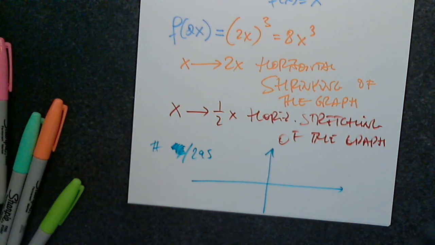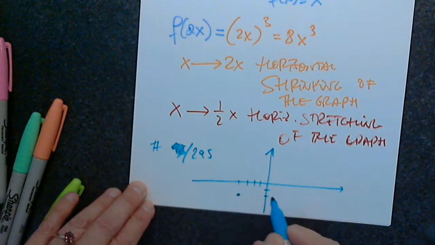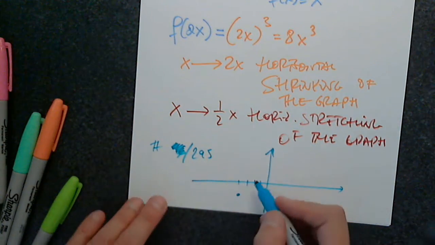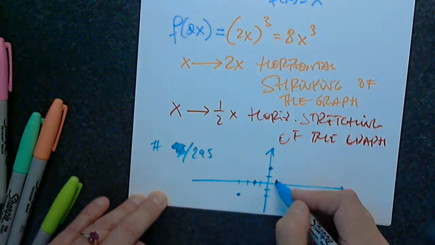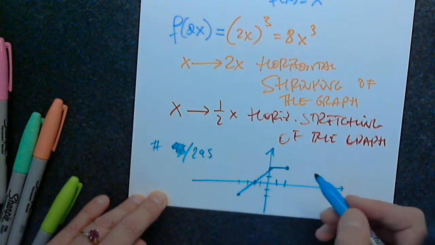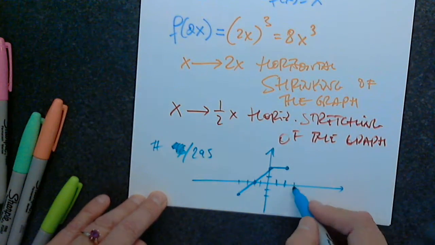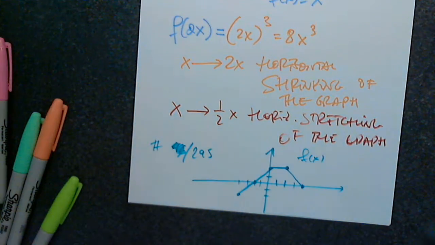Okay, so here's our graph. -4, -2, and then -2, 0, and then 0, 2, and then 2, 2, and then 4, 0. That's it. This is the graph of f of x.